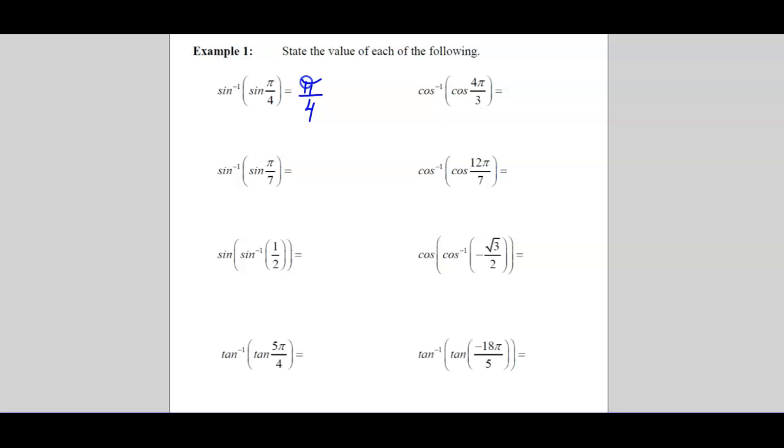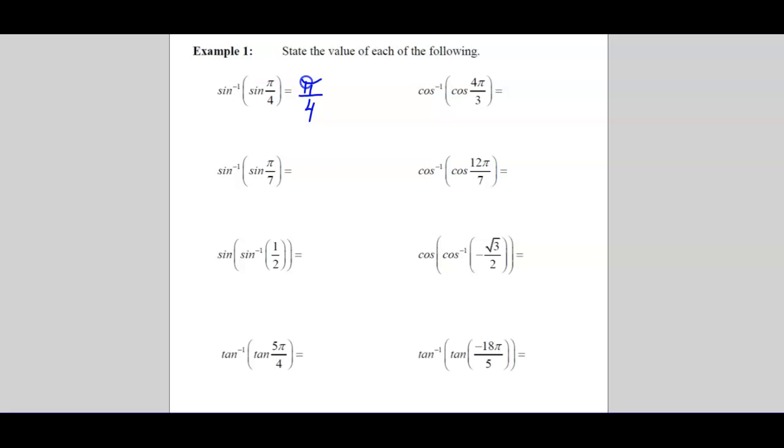The problem is if the angle is outside of that initial interval of values. Let's go down to the next one. Now we have sine of pi over 7. I don't know what the value is, it's not a special angle.